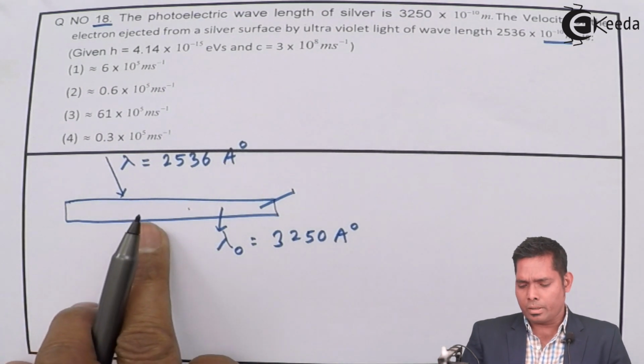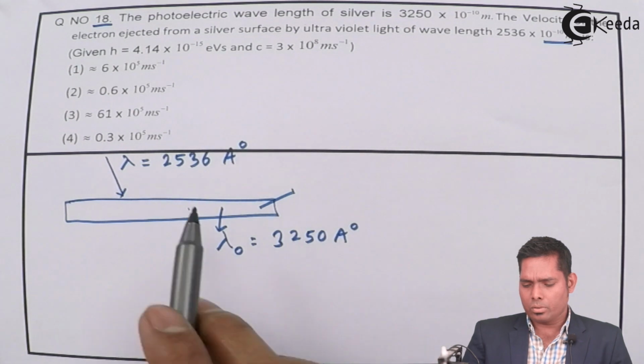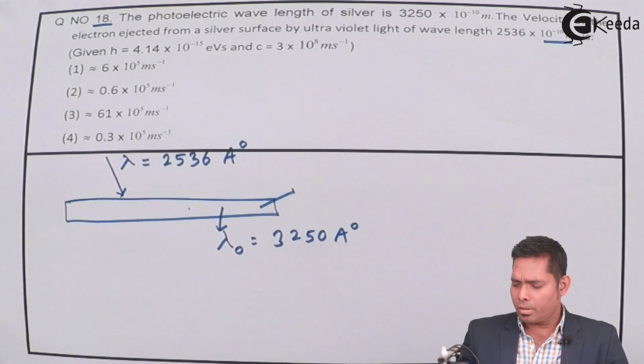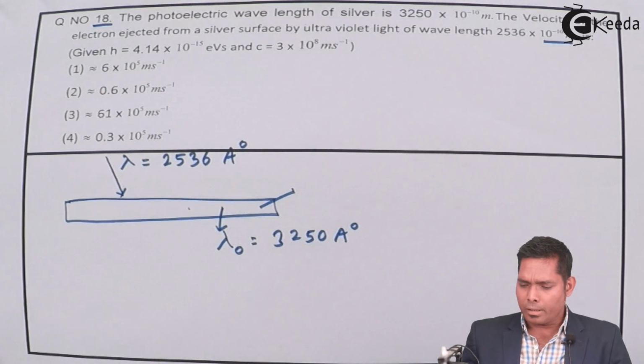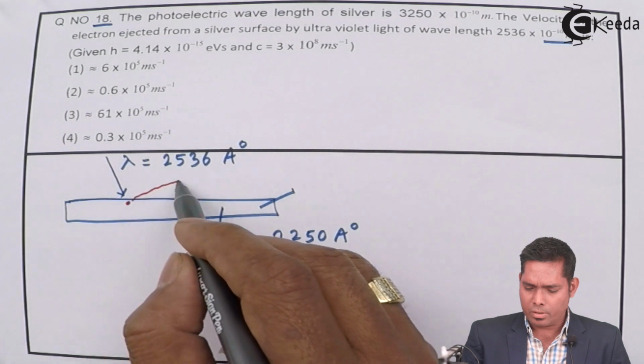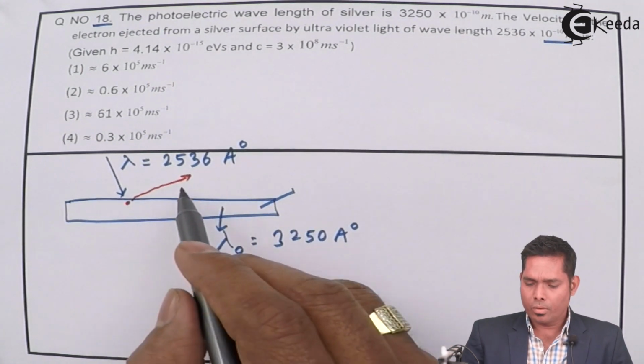Any wavelength less than this value will cause the photoelectric effect to take place, and electrons will start emitting from the surface outward.